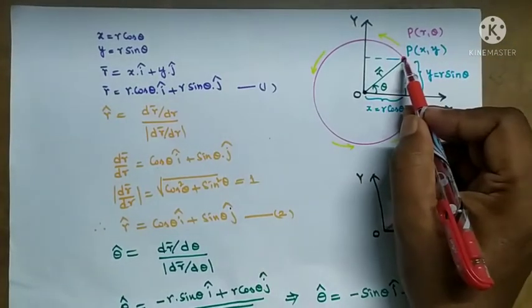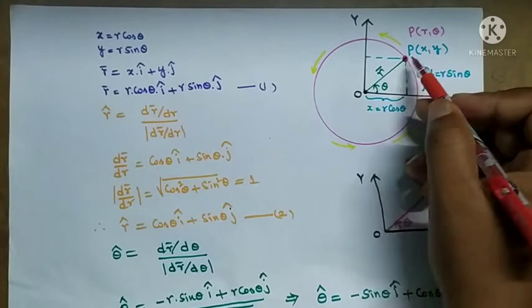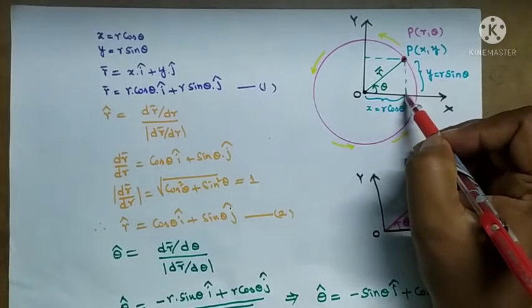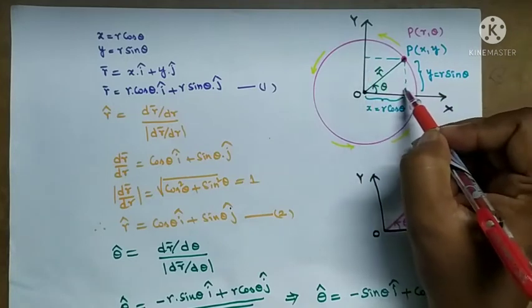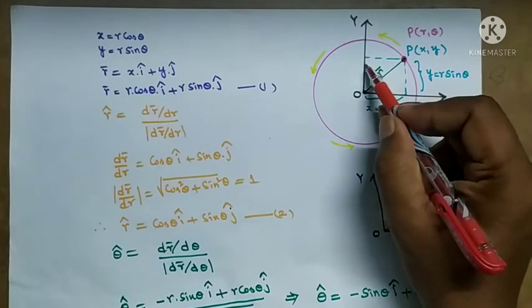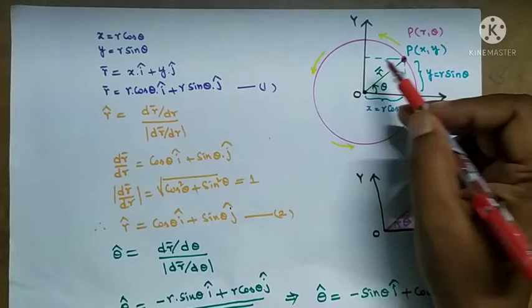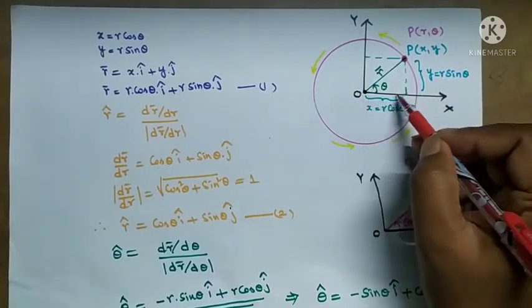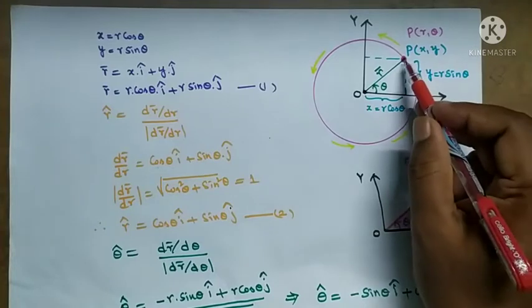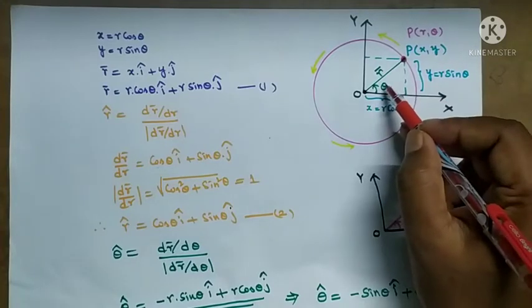From the position of the point, I am drawing the normals, that is projections, to the x-axis and y-axis. So this is a normal and this is also a normal. In this triangle, it is a right angle triangle. This is the adjacent side and this is the opposite side to this angle.